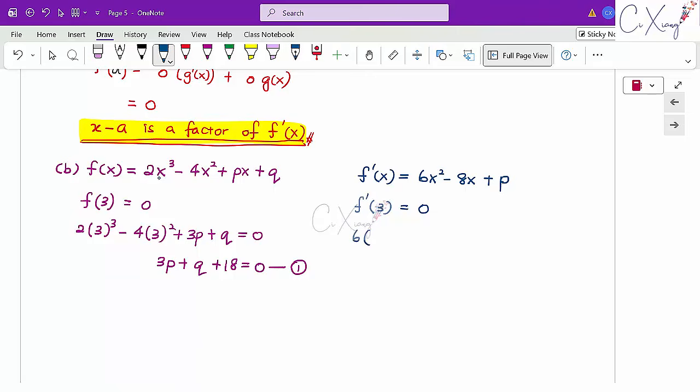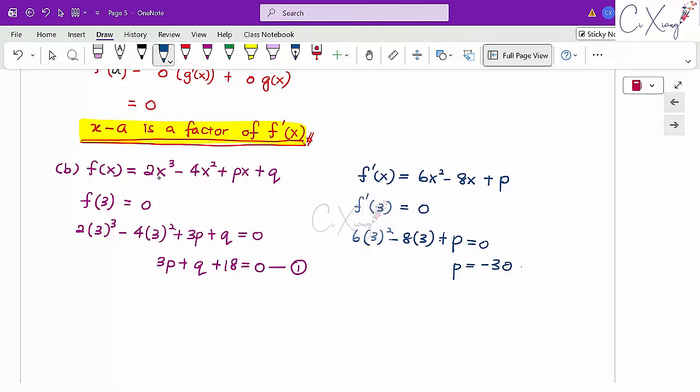Same thing happens here. You try to substitute the 3 into your equation. Then this one you can directly get the value of p. So 9 times 6 is 54, minus 8 times 3 is 24. So your p should have a value of negative 30.